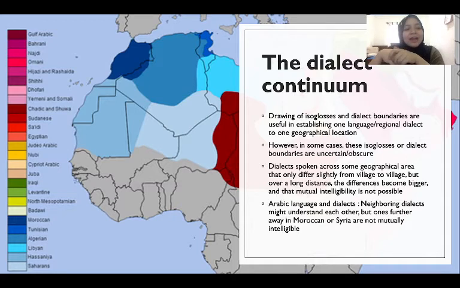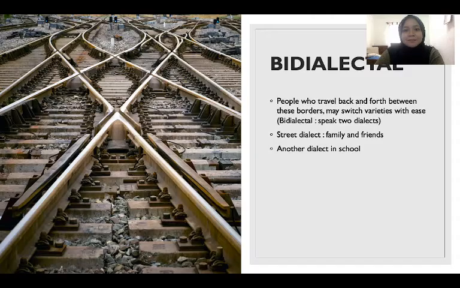So moving away from this geographical area, they will lose the ability to understand each other. This is called the dialect continuum: slowly, gradually losing mutual intelligibility.